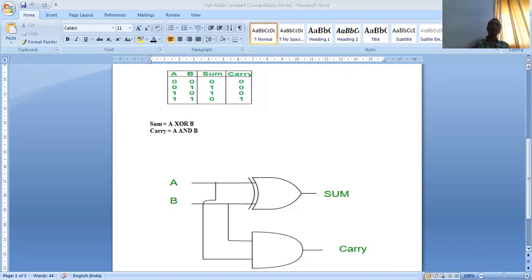That means the addition of 3 digits and 4 digits we are going to see in the next point. This is the basic concept of the full adder and half adder. That's why I have given nearly half an hour for half adder.